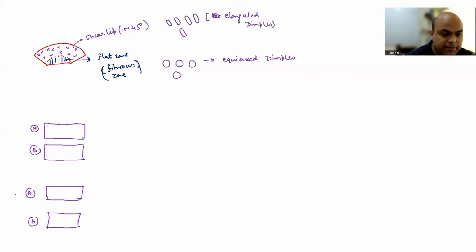Okay, so in fibrous zone, you are going to see dimples like this on both the surfaces. Okay, and in shear lip, you are going to see dimples elongated, right? And it is going to change in both the surfaces because it's a shear, right? So in one surface, it is going to look something like this. In another one, it is going to be in the opposite direction. Okay, so this is your fibrous zone, shear lip.